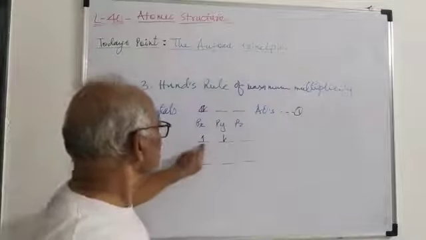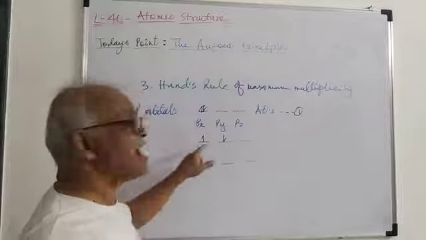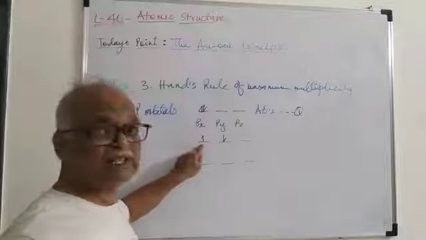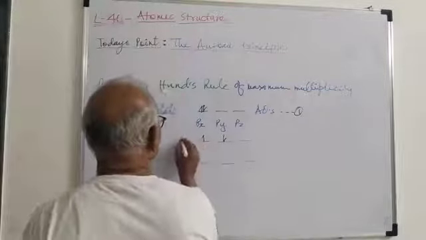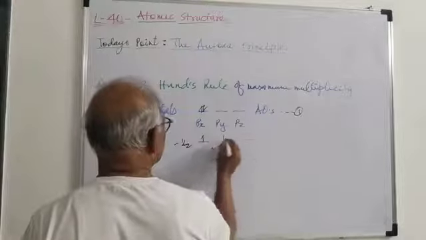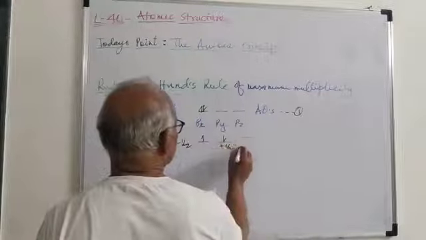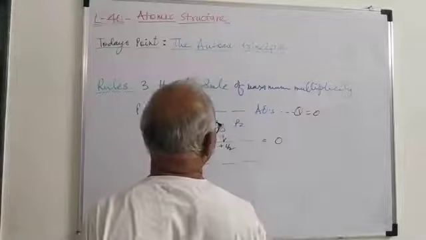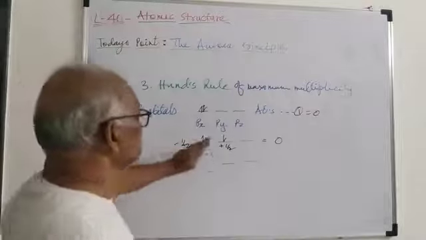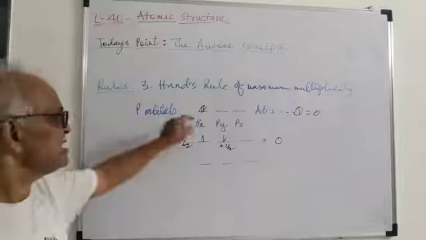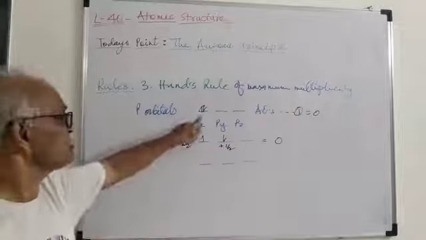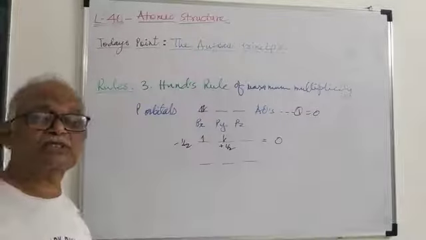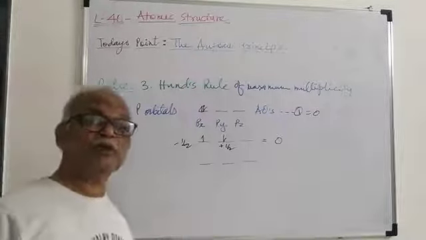Here, these two electrons are not paired, but their spins are different. It has +1/2 spin, and this has -1/2 spin, so the total spin is 0. It also has total spin 0, and because of this the distribution slightly differs, because in one case the two electrons are present in one atomic orbital and in the other case they are distributed in two different atomic orbitals.